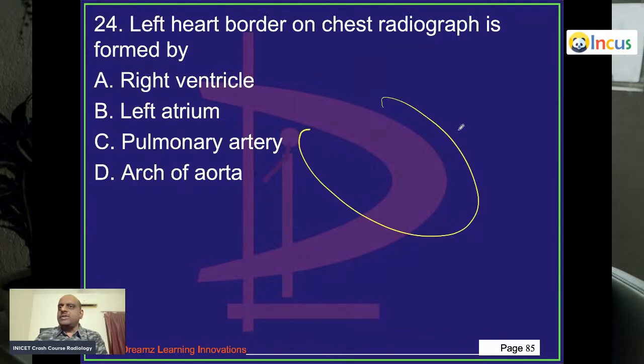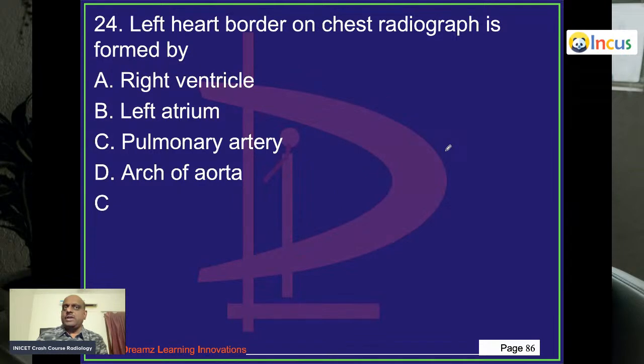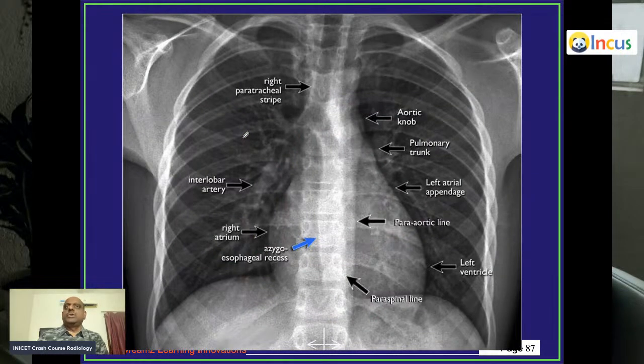So what constitutes the left heart border, doctor? Pulmonary artery. Pulmonary artery is part of it, right? So this is the right paratracheal strip. This is the aortic knob. This is the pulmonary trunk.